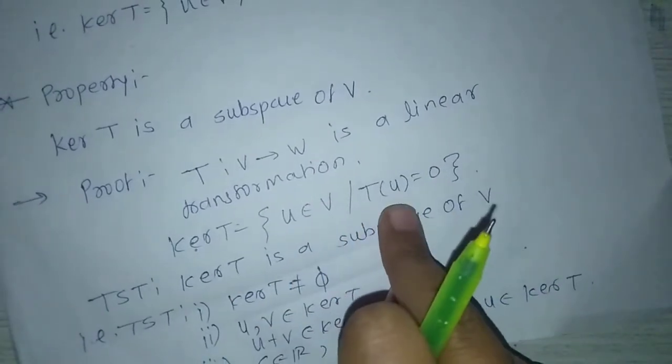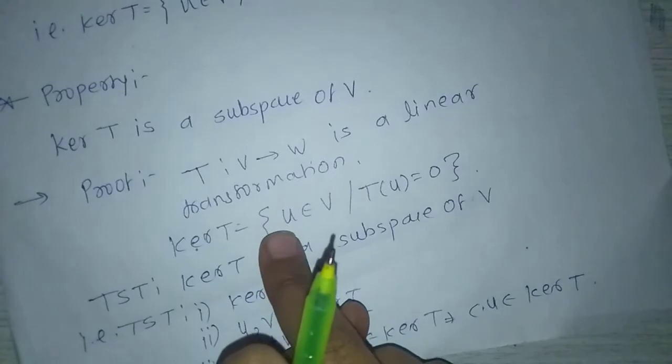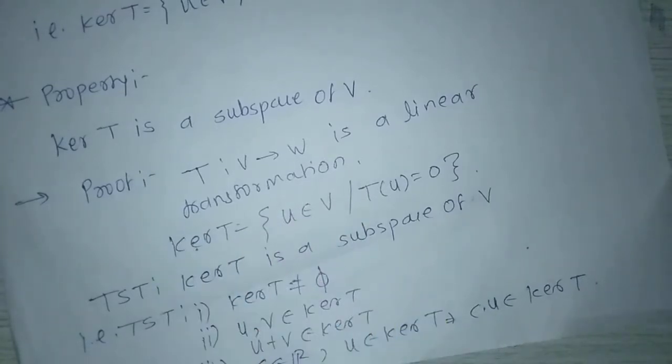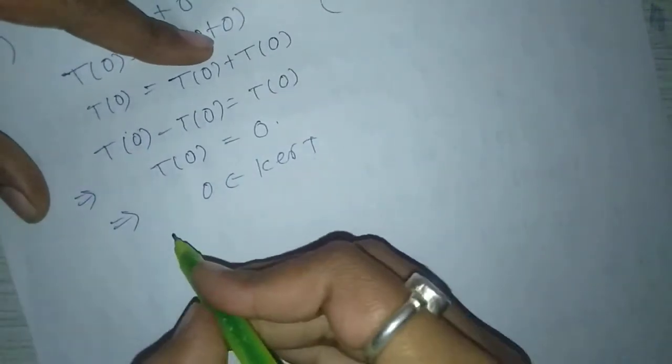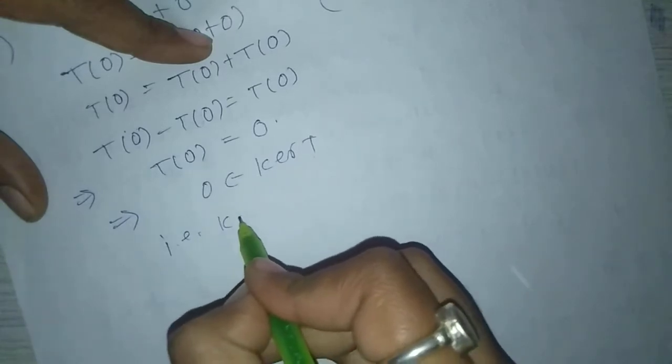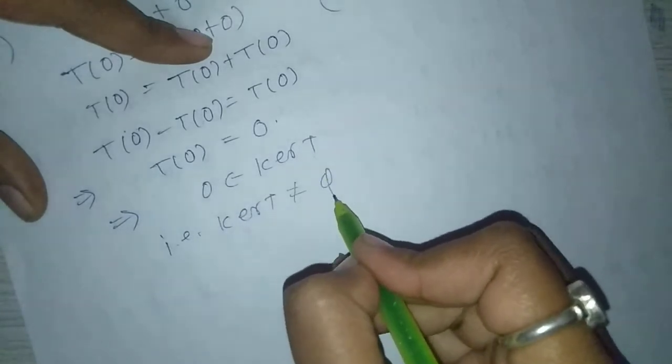We get T of 0 equals 0, that means 0 belongs to V, and also 0 belongs to kernel of T. So 0 belongs to kernel of T, that is, kernel of T is non-empty.